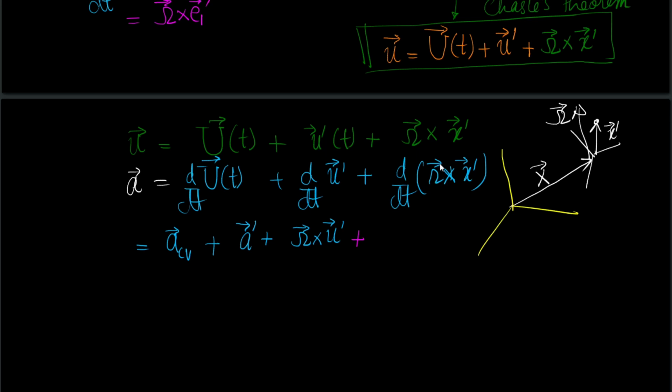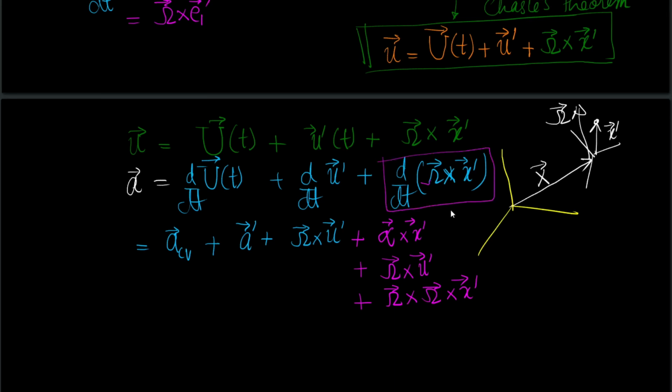The first is the derivative of only this term, so this will be alpha cross x prime. Then we will have the derivative of this term, which gives omega cross u prime and the rate of change of the basis vectors, plus omega cross x prime. Just use Chasles' theorem to derive the fact that this particular term is equivalent to this.